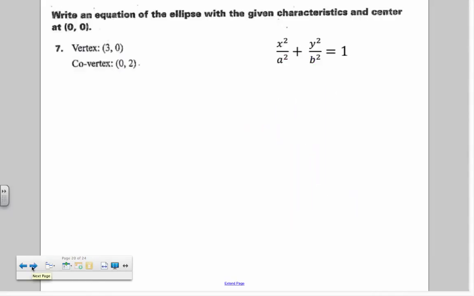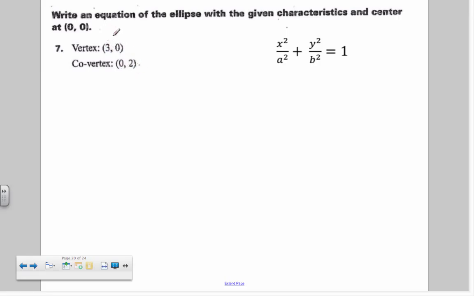The next problem says write an equation of the ellipse with the given characteristics and the center at 0, 0. All the ellipses we've been dealing with have had a center at 0, 0. This one has a vertex of 3, 0 and a co-vertex of 0, 2.